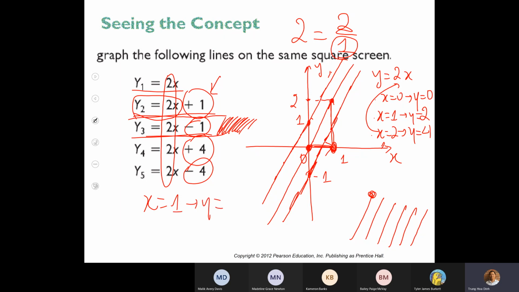You get y equal to 2 times 1 minus 1, which is 1. You get the point (1, 1). Does that make sense? The point (1, 1) should be around here. And then you connect with the y-intercept, you get what you need.